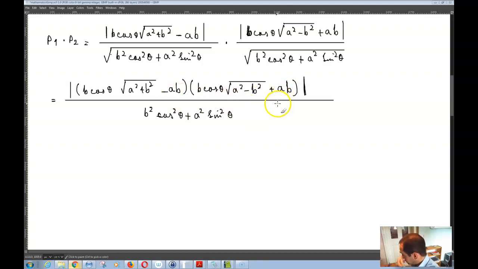So now this is basically b cos theta times the square root of a squared plus b squared minus ab. B cos theta is the square root of a squared plus minus b squared. Why is it plus b squared?